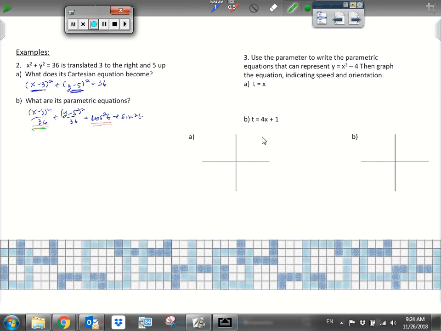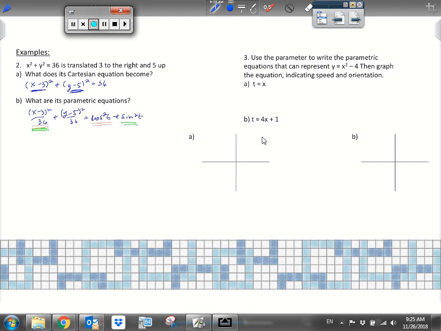We would match up the x with the sine, and then we would match up the y with the cosine. And that would cause the graph to move clockwise. Okay? So we just want it regular, so we're going counterclockwise.